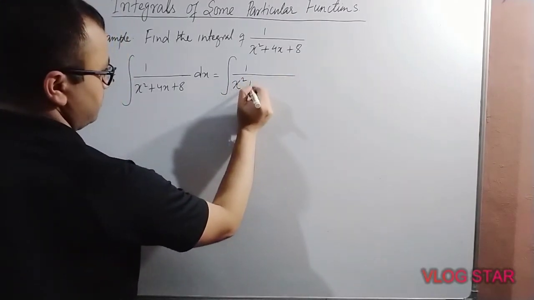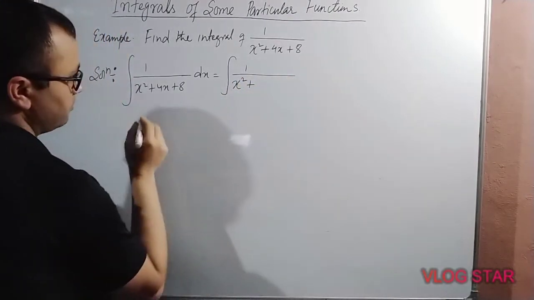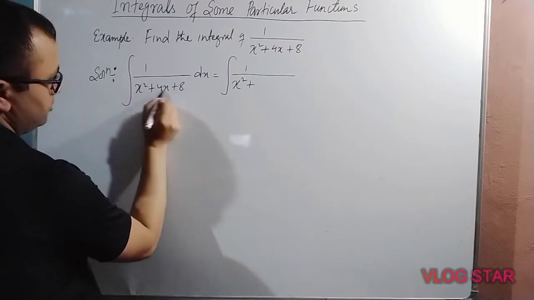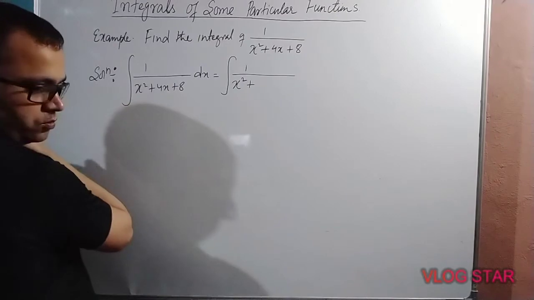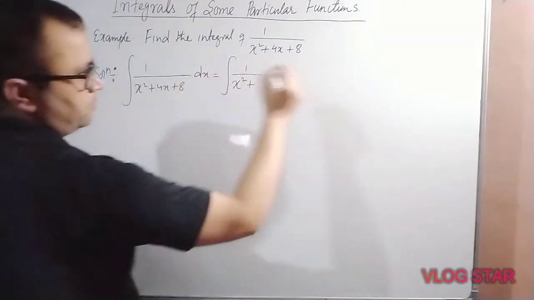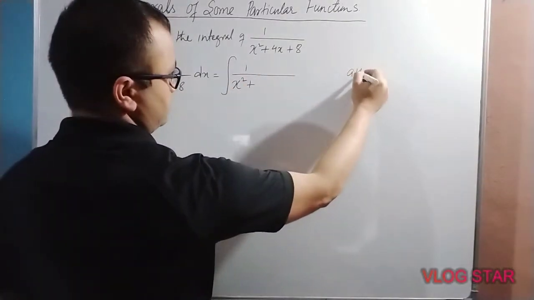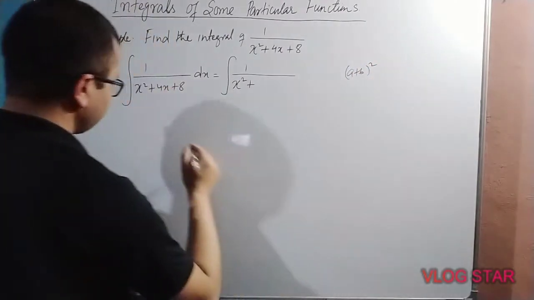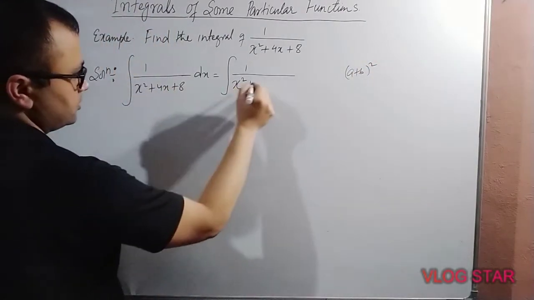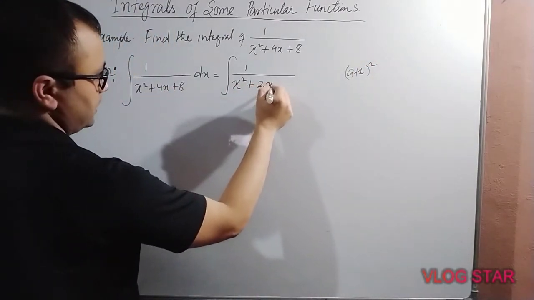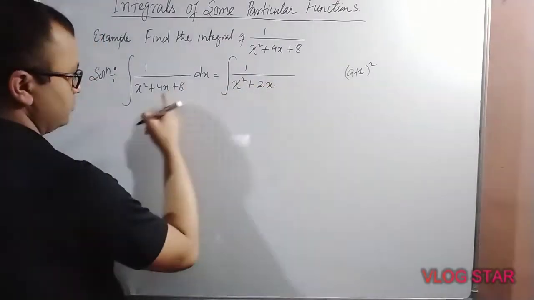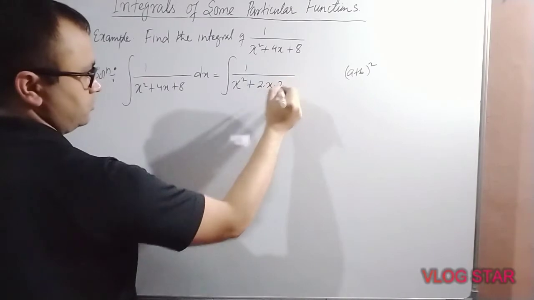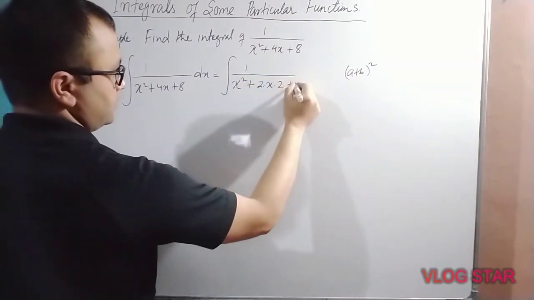Because in between x square and x there is a plus sign, we will make it into a plus b whole square. A square plus 2 into a into b. What is b? If you multiply b with 2, you will get 4x, so b is 2, plus b square.